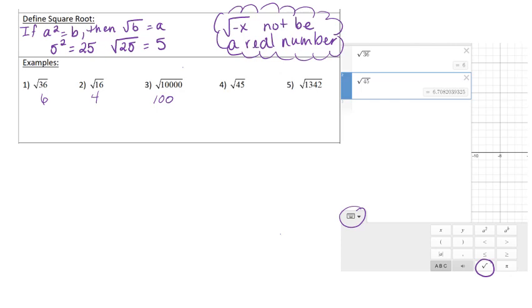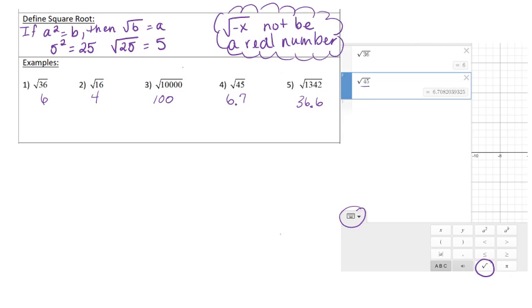So, square root of 45, I type that into Desmos, and I get 6.7 and so on. We'll go one decimal. We'll call it 6.7. If I type in the square root of 1,342, and you should type it in as well, you get 36.6 and so on, right?